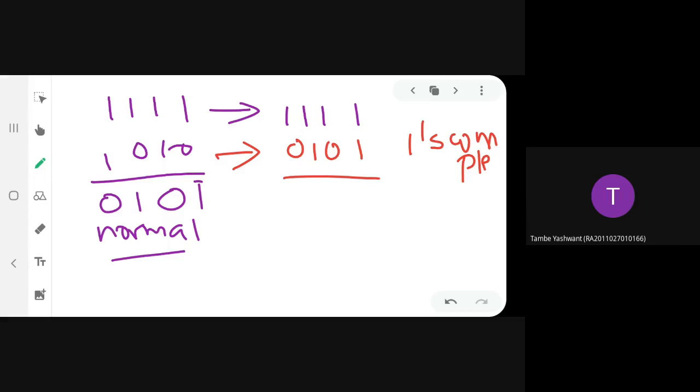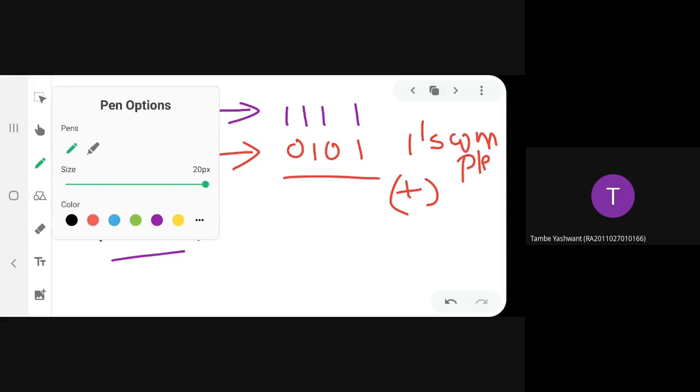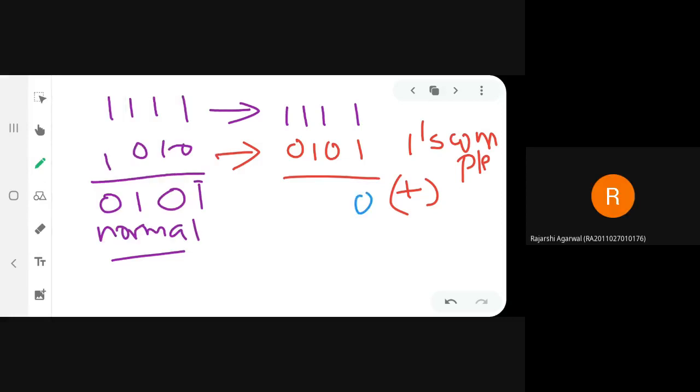Then I should not subtract, I should add now. The operation is converted from subtraction to addition. So if I add, what will be the answer? 1 plus 1 is 0, so carry is 1. The result is 10100 with a carry of 1.